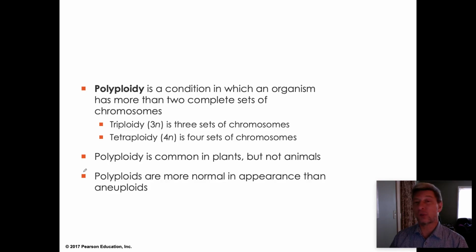All right, not trisomy, but triploidy. And tetraploidy is when you have 4 sets of chromosomes. Now, these polyploid conditions are commonly found in plants, but not in animals. They are typically lethal in animals. And it turns out that polyploids are more normal in appearance than aneuploids.